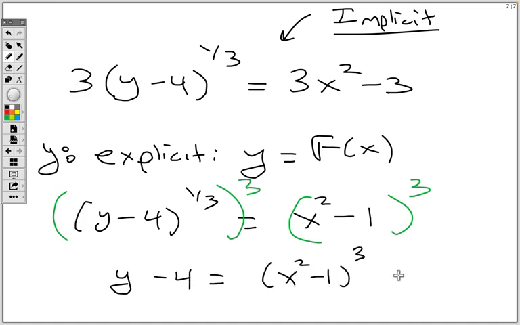And then for the last step, y is equal to what? Yep. There it is. Okay. That would be a solution.